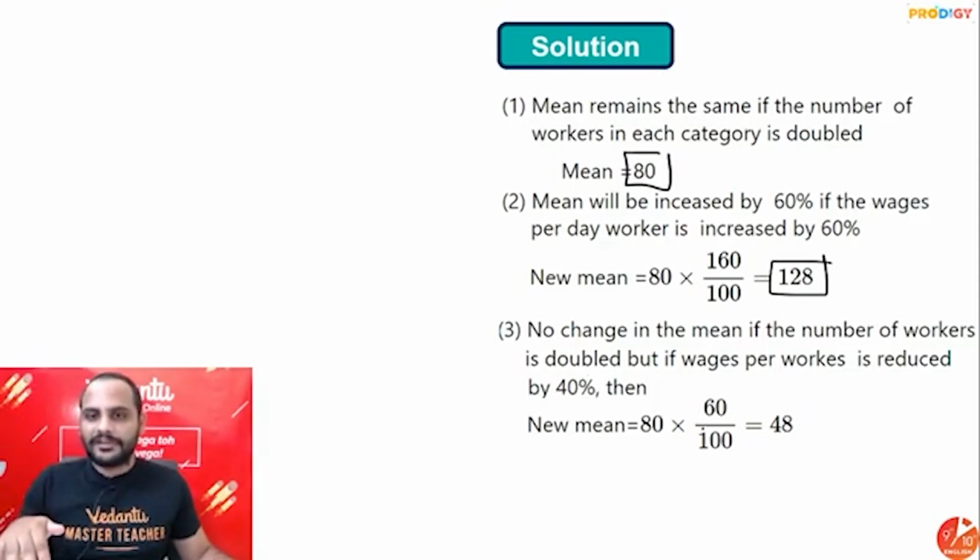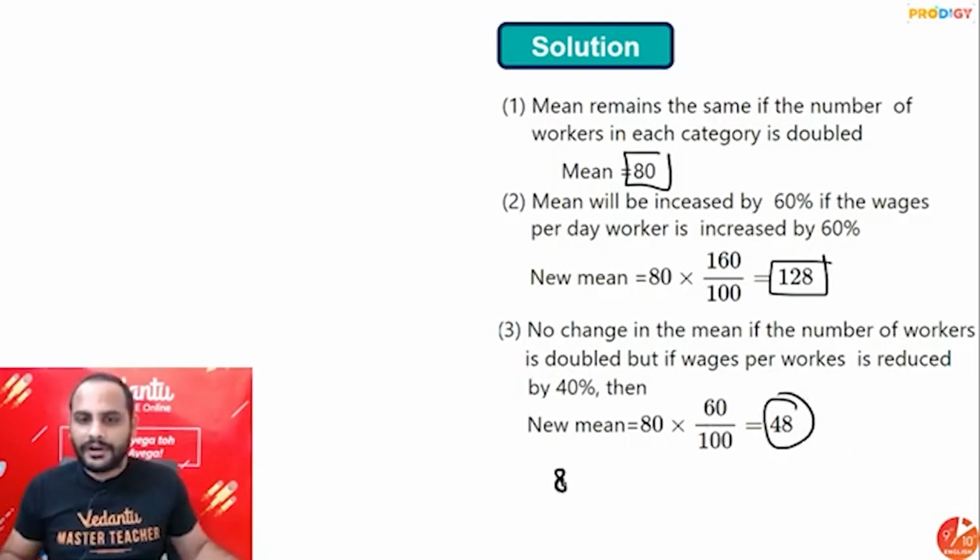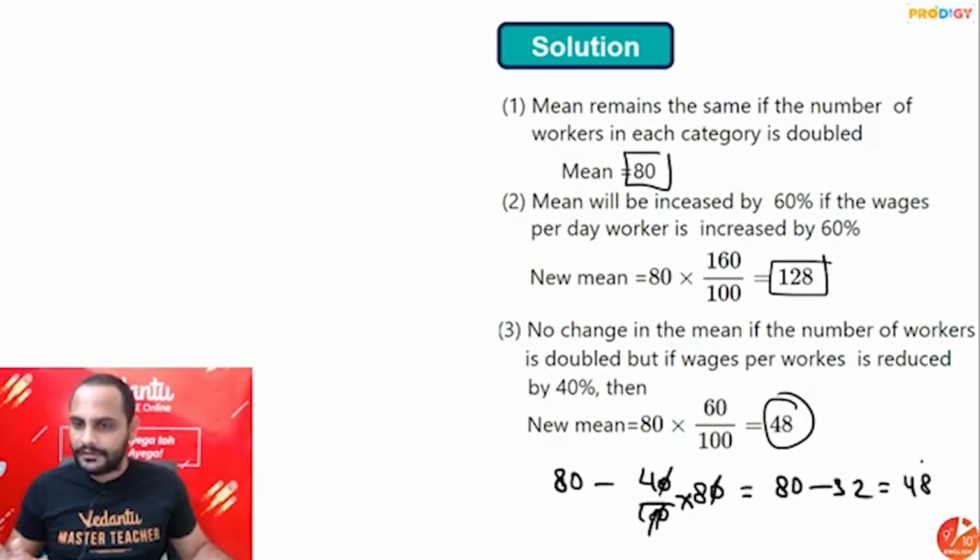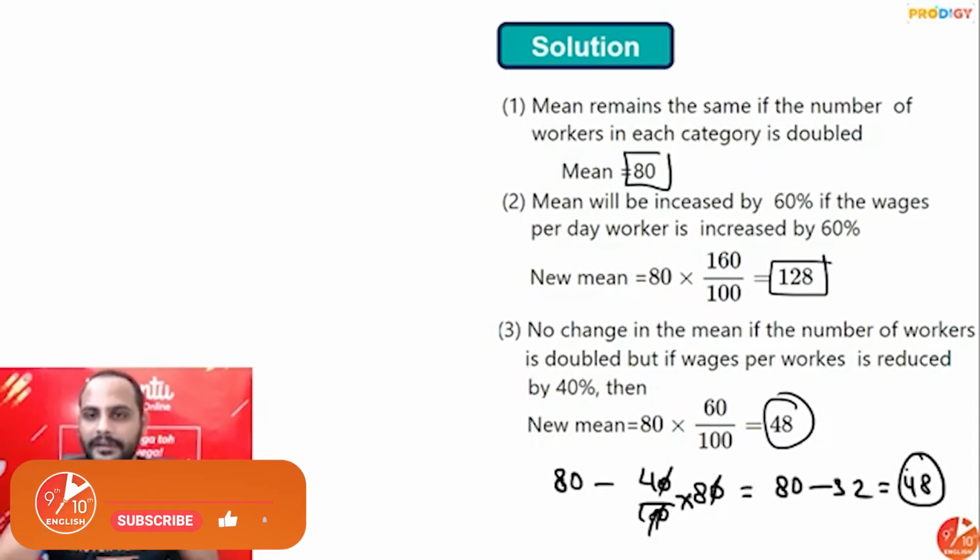So 40% reduction means what? It is left 60% of the original, or 80 minus 40% for those who are getting confused over here. So it will be 80 minus 32, which is 48. Okay? Alright, same thing over up at the top also, that has been done.